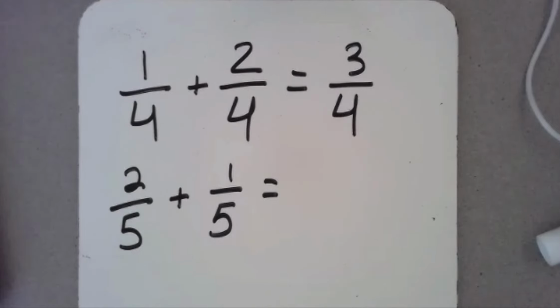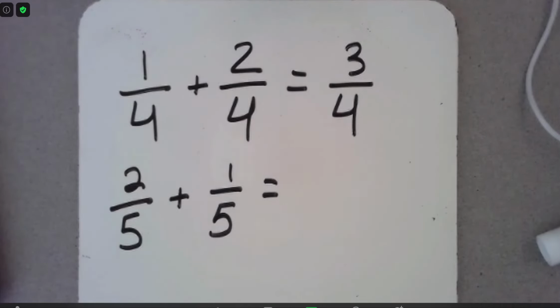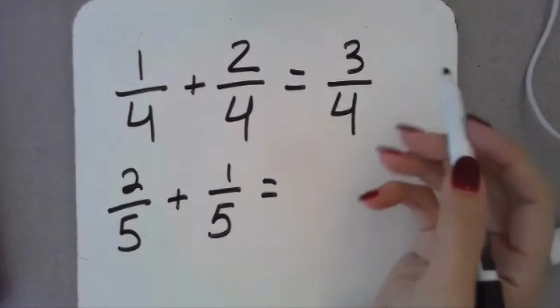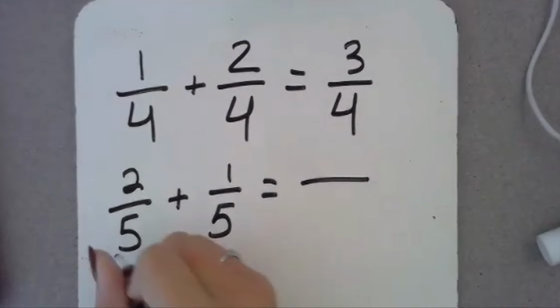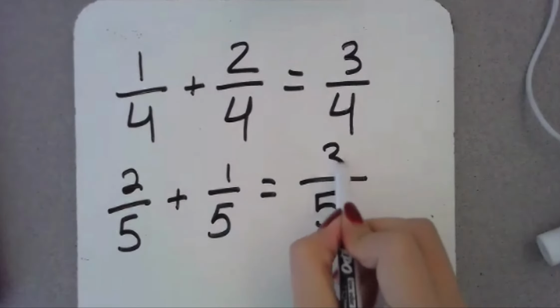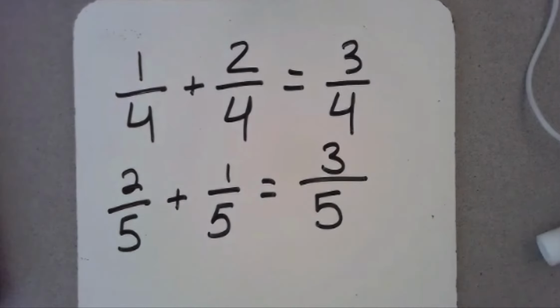Good. I'd like some more people to put some ideas down in the chat. Remember, it doesn't have to be right. You just have to give me something. Good. We have a common denominator, so we keep that the same. 2 plus 1 is 3. 3/5. Excellent.